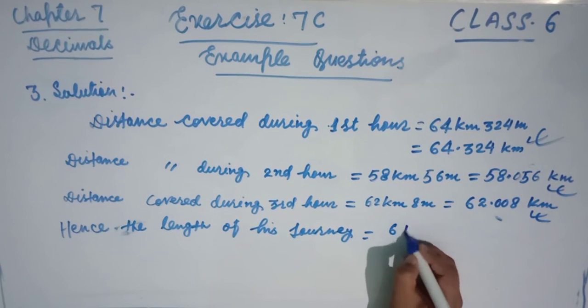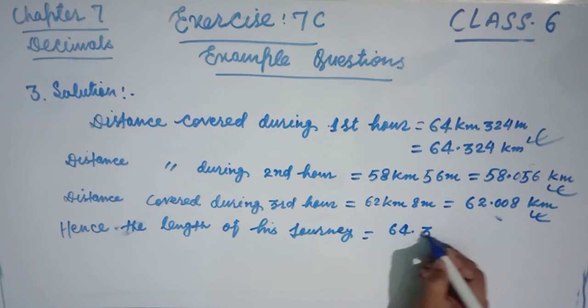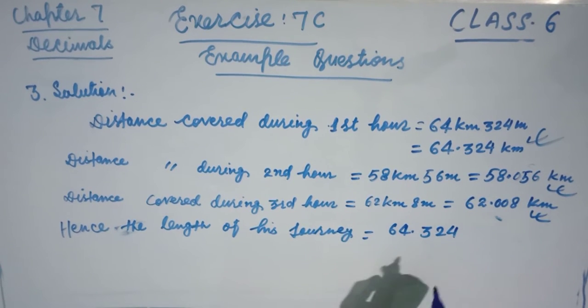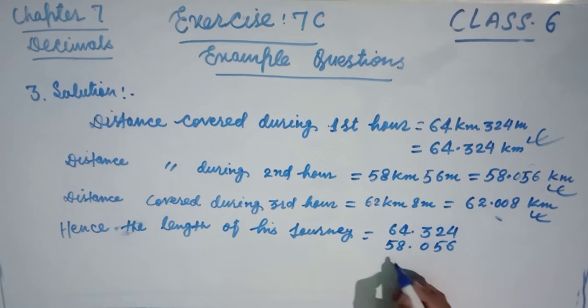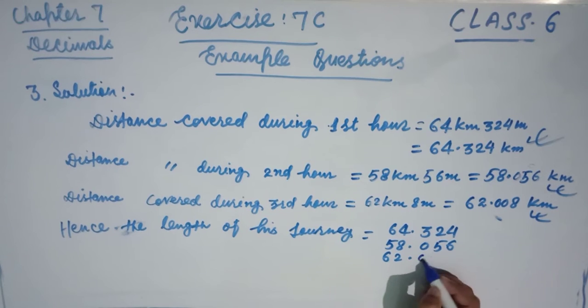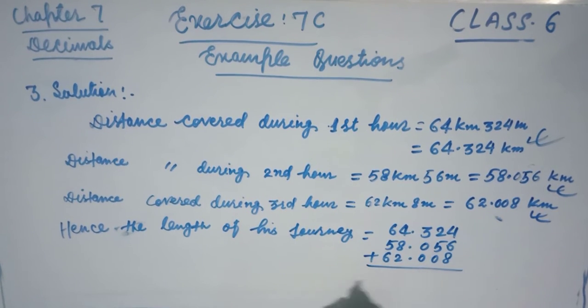Write 64.324, and we have to write in column form, which you already know, then 58.056, and this is 62.008. Now friends, add. This is 6 plus 4 is 10, and 10 plus 8 is 18.